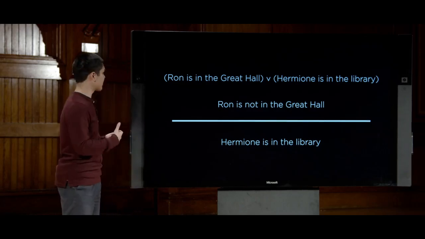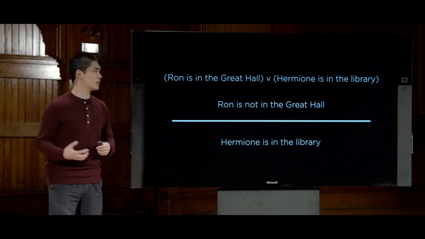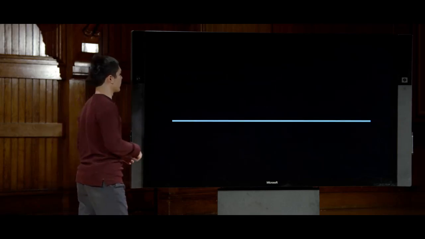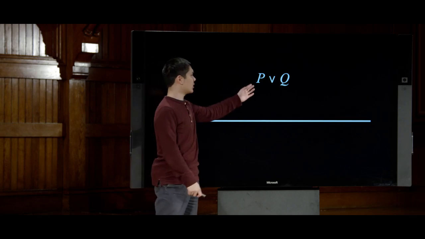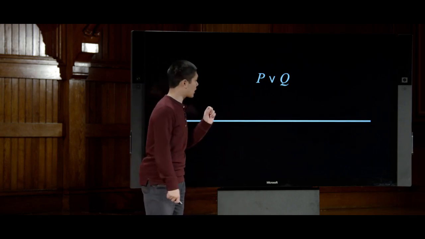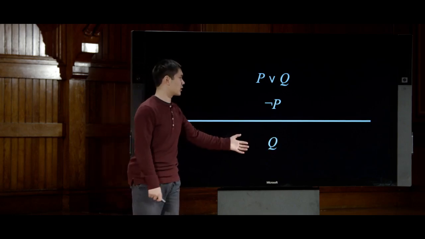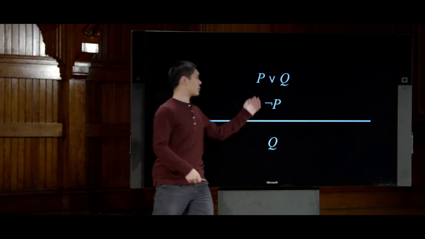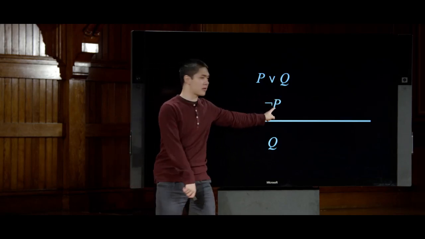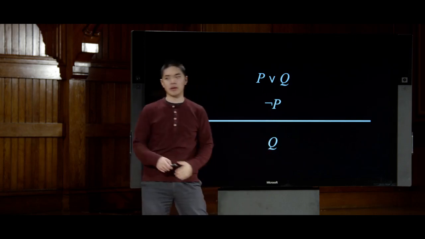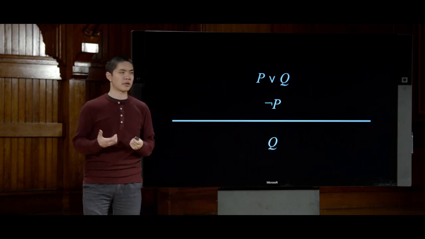And this we can frame as a more general rule known as the unit resolution rule, a rule that says that if we have P or Q, and we also know not P, well then from that we can reasonably conclude Q. That if P or Q are true, and we know that P is not true, the only possibility is for Q to then be true.